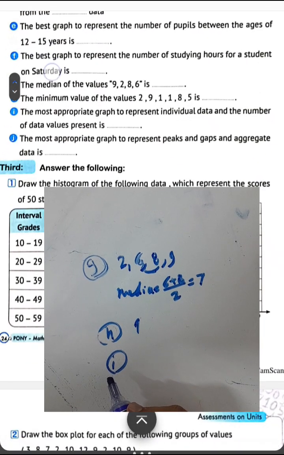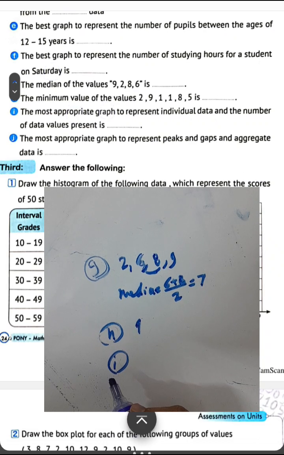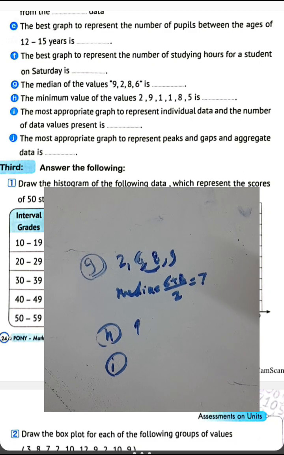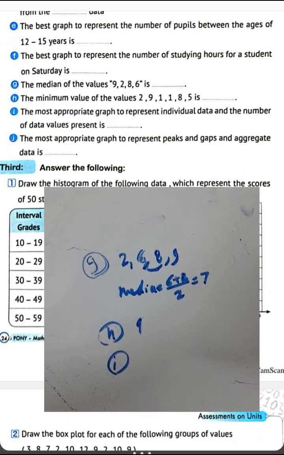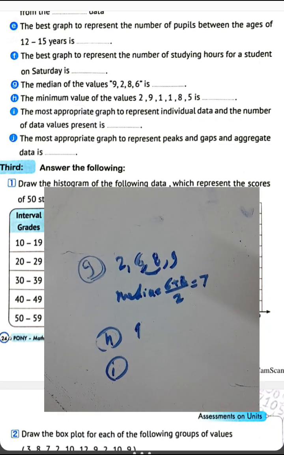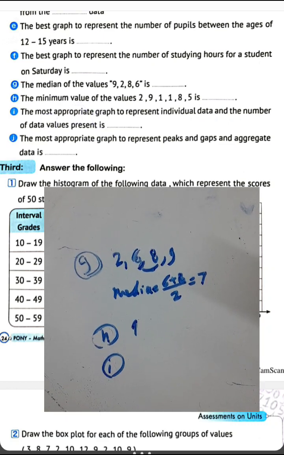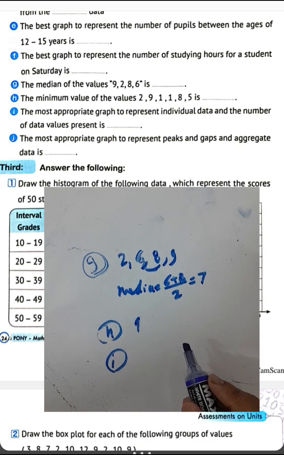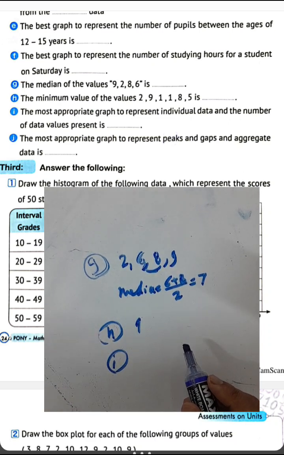Question I. The most appropriate graph to represent individual data and the number of data values is a dot plot. For peaks and gaps between them, we can use the histogram.